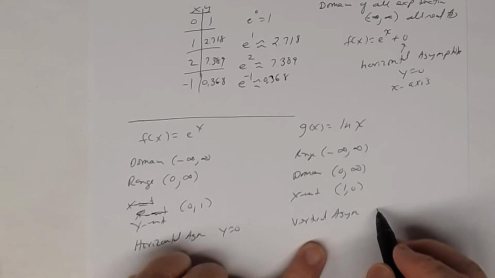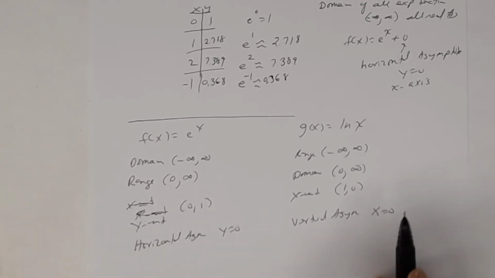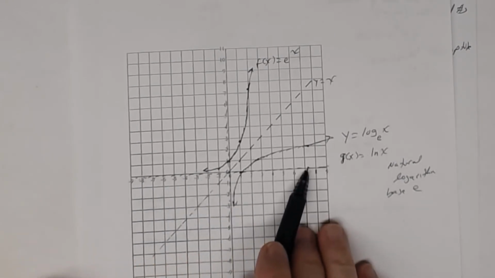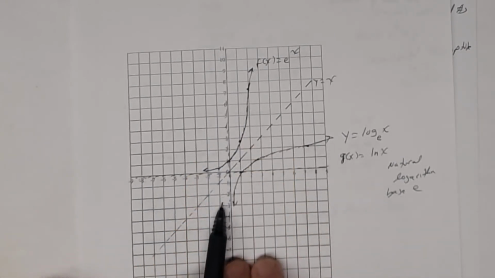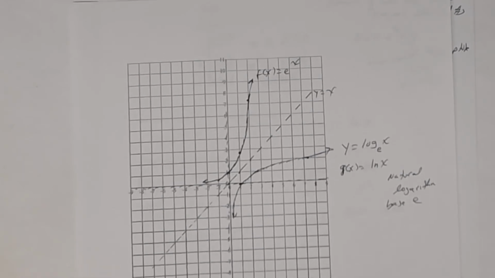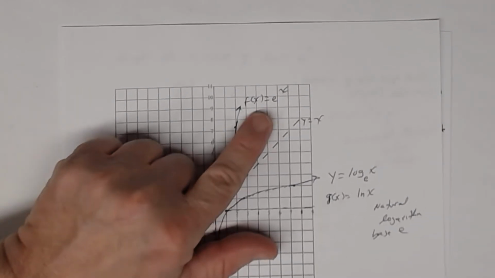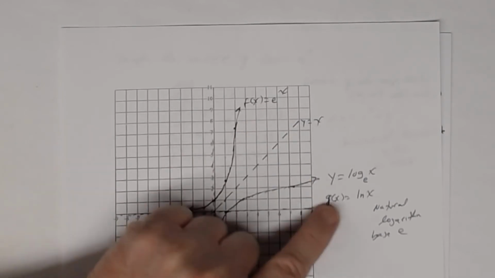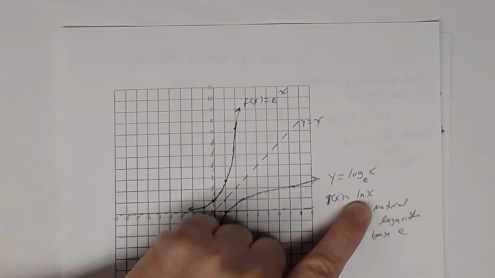The vertical asymptote will be x equals 0. Kind of makes sense, because look, here's the horizontal asymptote for the exponential, and here's the vertical asymptote for the logarithm, for its inverse. So the inverse of the exponential function e to the x is the natural logarithm, ln of x.